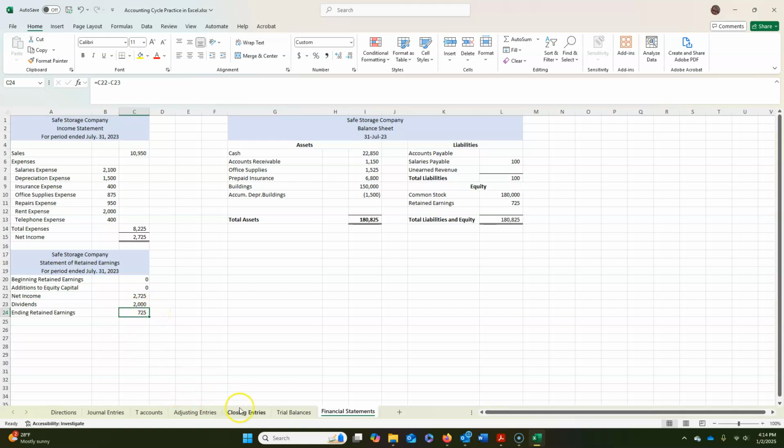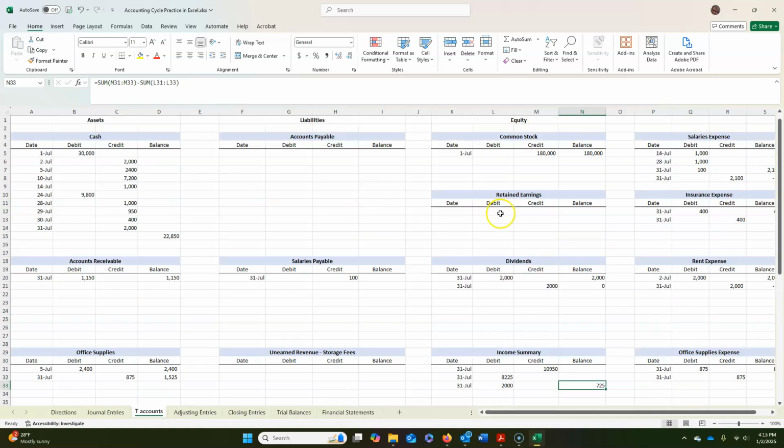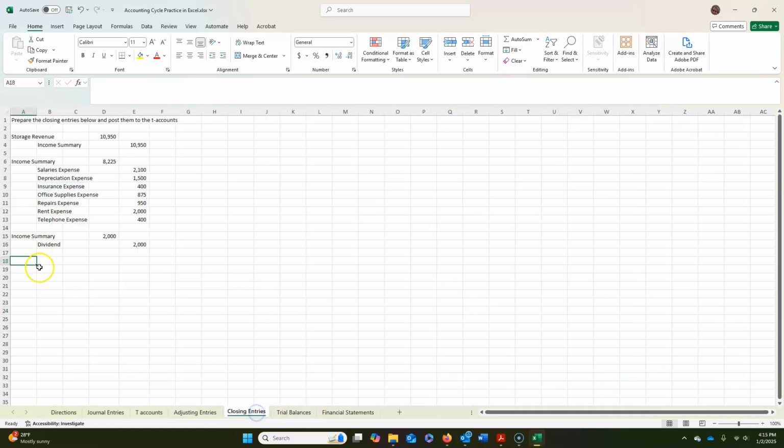Okay, the very last thing to do is to close income summary to retained earnings. So we currently have a credit balance in income summary of $725. And so we're going to debit income summary for $725, and we're going to credit retained earnings for $725. Okay, we're going to record that.